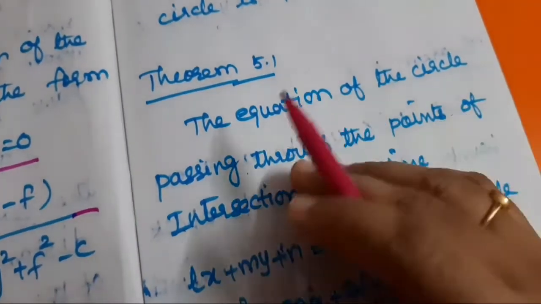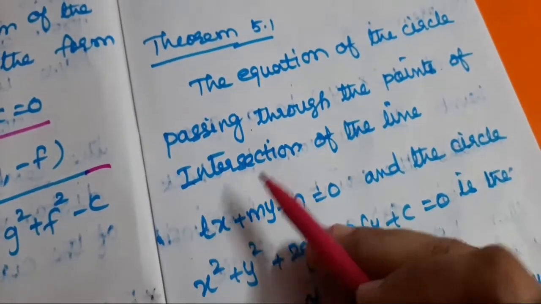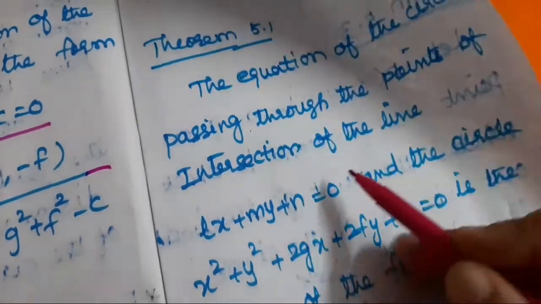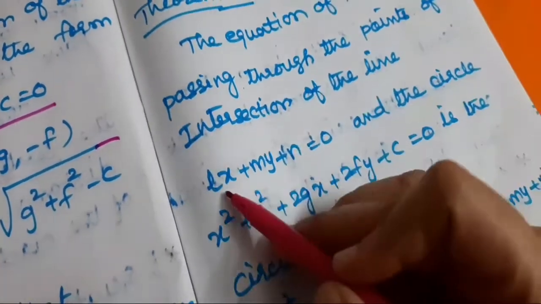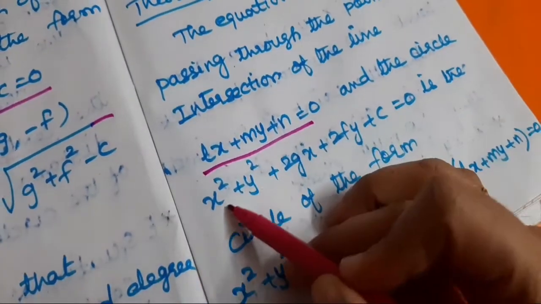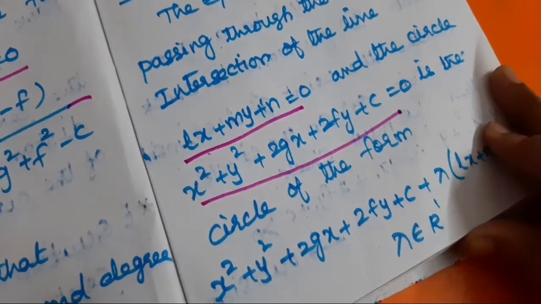Okay, then theorem 5.1 says the equation of the circle passing through the point of intersection of a line and a circle is as follows. This is the line equation given, and this is the general circle equation, a second degree equation.